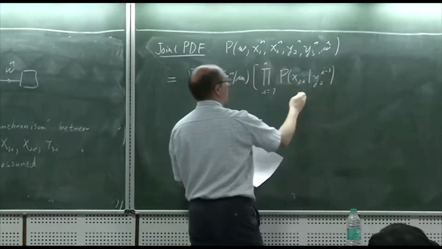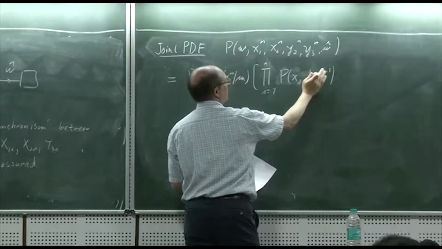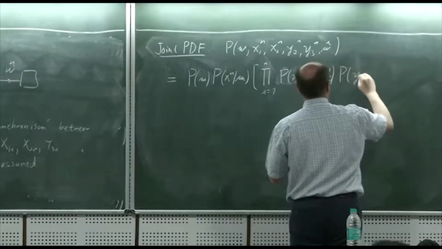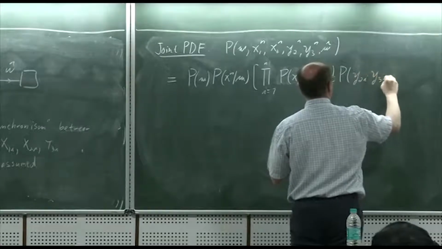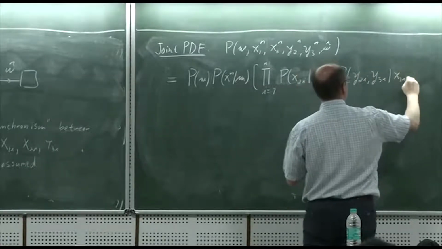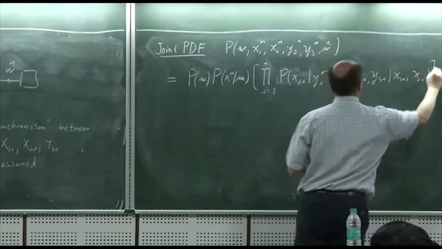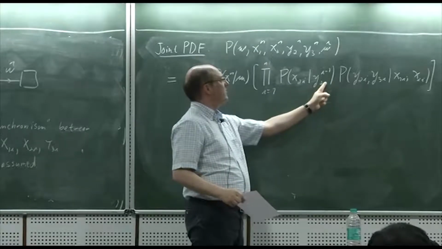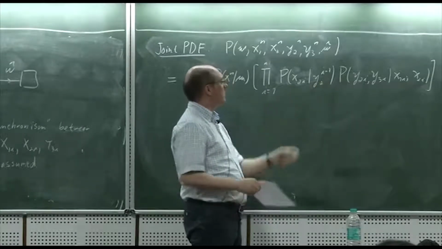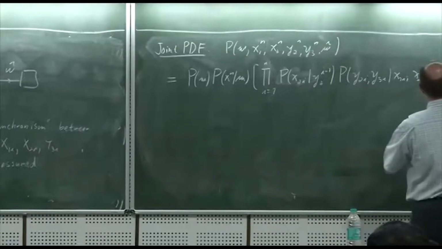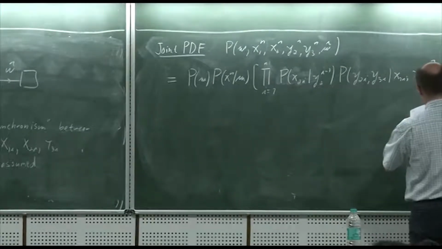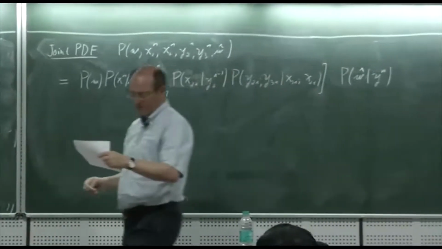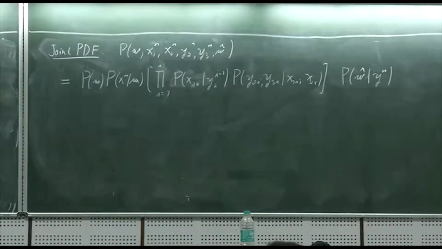So at time 1, this is 0, so we're just sending something that's independent of the input. But then we get the two outputs. And then once we get the two outputs, we can choose the next input, right? Then we have y2 at time 1 in here for i equals 2. And then finally, after you receive everything, we do the decoding function, right? So that's the joint PDF.